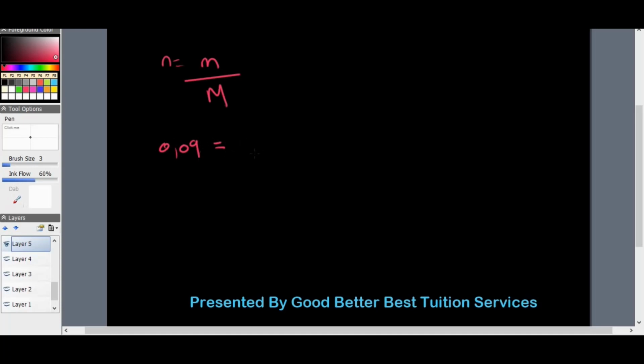If we take the molar mass of CH3COOH, we'll get a molar mass of 60. Multiply both sides by 60, and therefore the mass of ethanoic acid in 100 cubic centimeters is not 5,8 but 5,40 grams of ethanoic acid that's in 100 cubic centimeters.